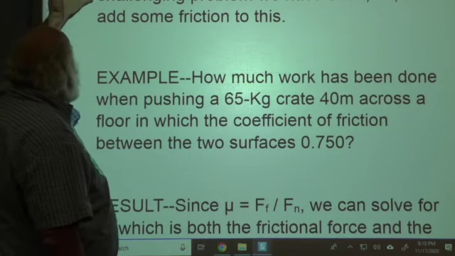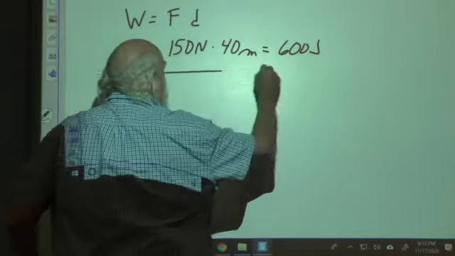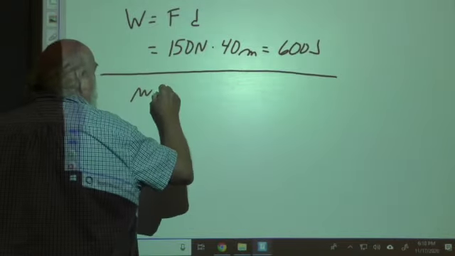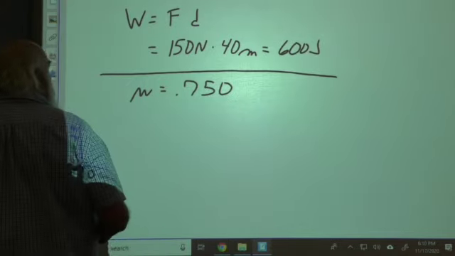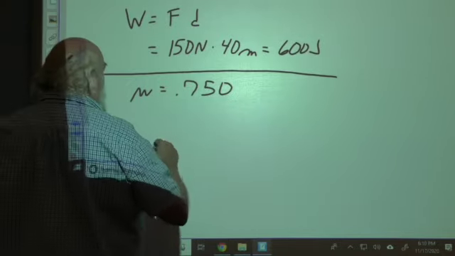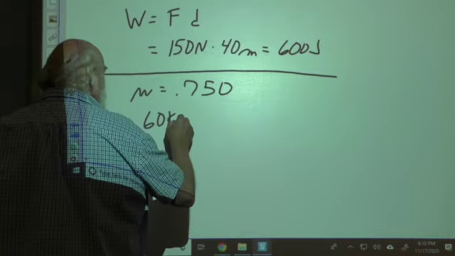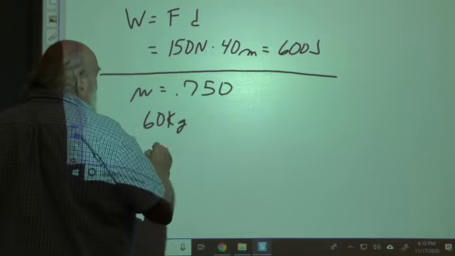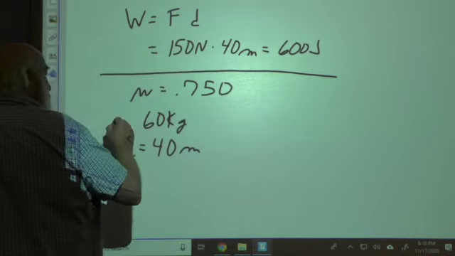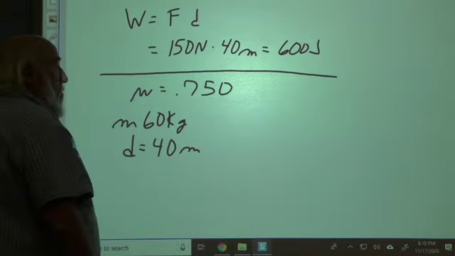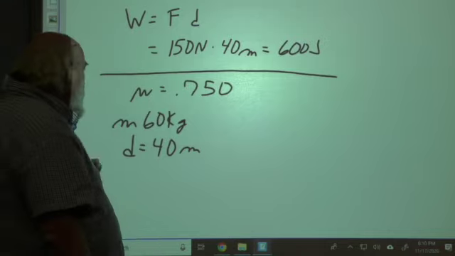So let's put that on there. Mu is 0.750. We still have a 65 kilogram crate, and we have a distance of 40 meters that we're going to push it. So this is our distance, this is our mass, we don't have our force, okay?